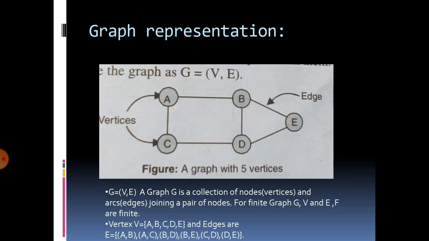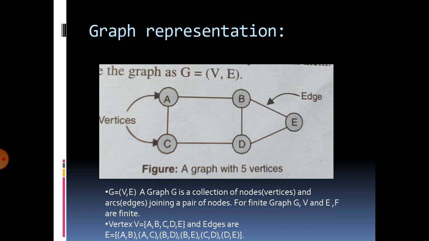How will the graph be represented? You know how a tree is represented hierarchically: parent, left child, right child, again subchild, subtree, like that. Here the graph will be represented like this. Look at that, it is looking like a graph. A graph G has V number of vertices and E number of edges.